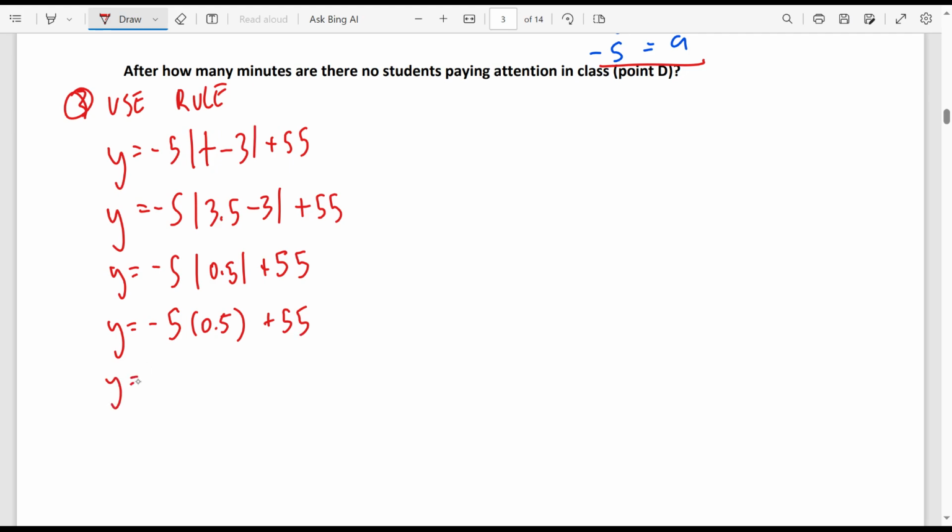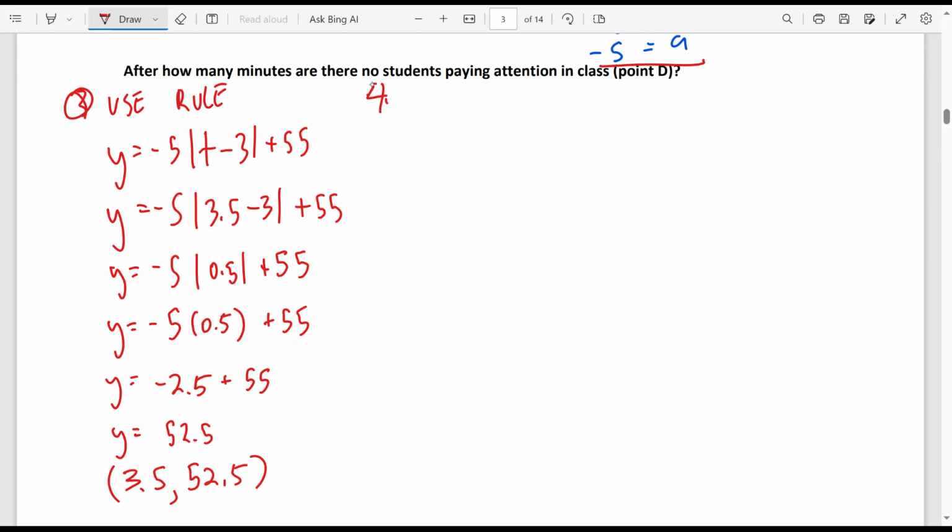And then y would be equal to 52.5, because that would become negative. 52.5. Okay. So I didn't just get y is 52.5. I found that when x is 3.5, the y is 52.5.